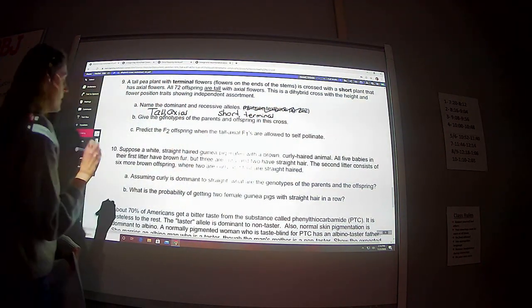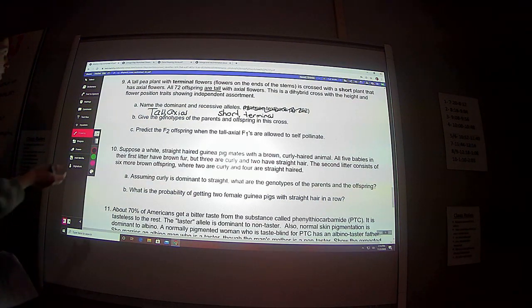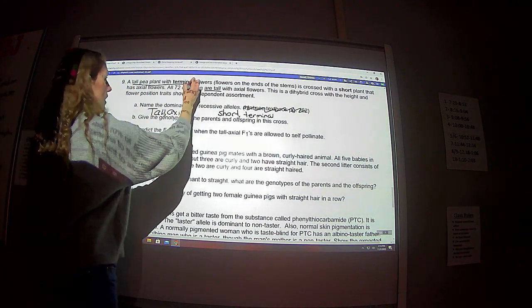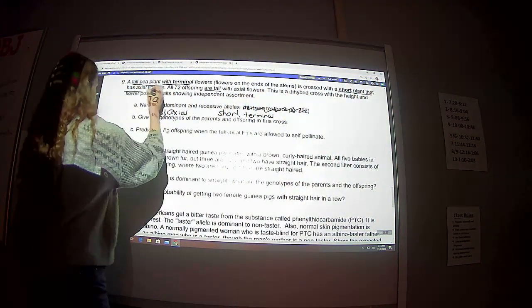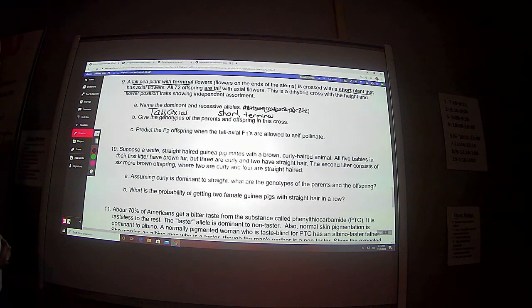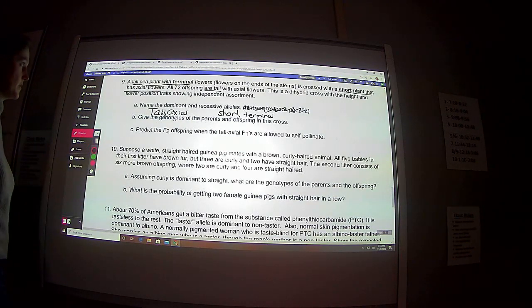I know this because the plants that were crossed are completely opposite. We had a tall pea plant with terminal flowers, and a short pea plant with axial flowers. So we had all 4 traits being shown to us, and all of the offspring were tall with those axial flowers. That's why tall and axial have to be dominant.